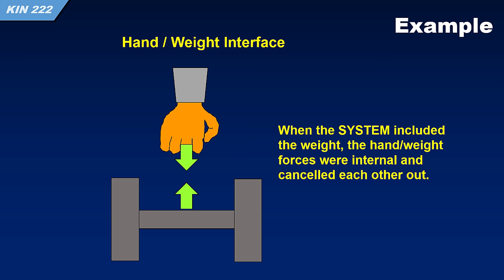So we know that the barbell will feel an upward force from the hand, and the hand will feel a downward force from the barbell. And according to Newton's third law, those two forces are in equal and opposite directions. And so if they're both included in the system, they'll cancel each other out. And that's the reason why only external forces can cause a change in state of motion of a system, because the internal forces will always be subject to Newton's third law, and they'll always cancel out.